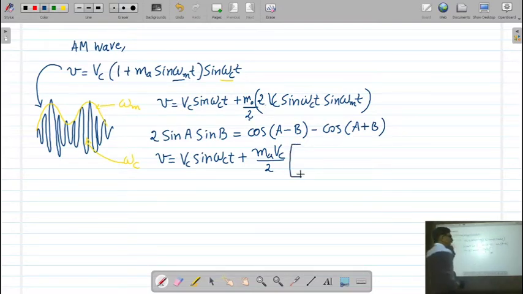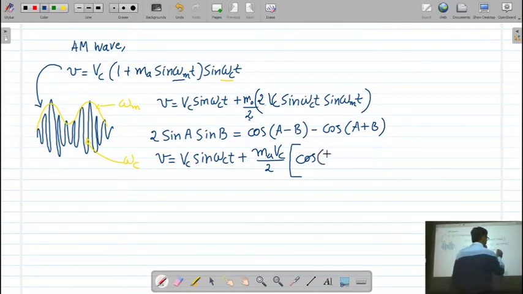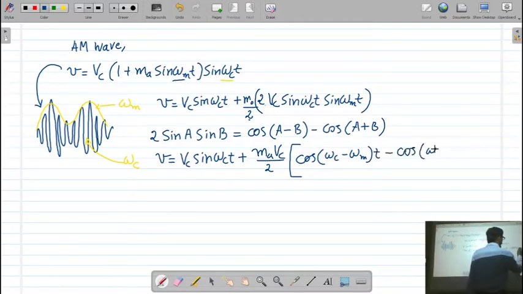Now we use this identity: A is omega c and B is omega m, so we have cos omega c minus omega m into t, minus cos omega c plus omega m into t.